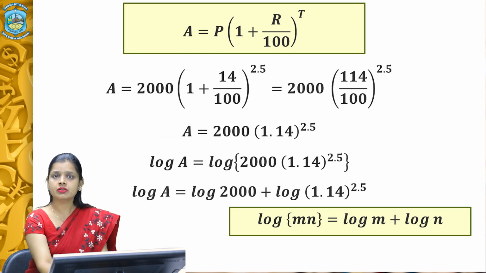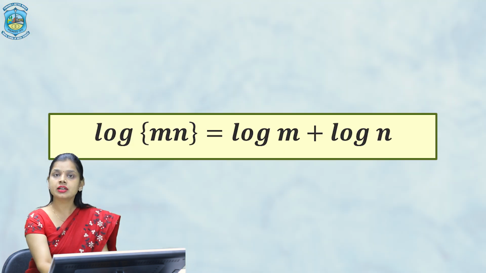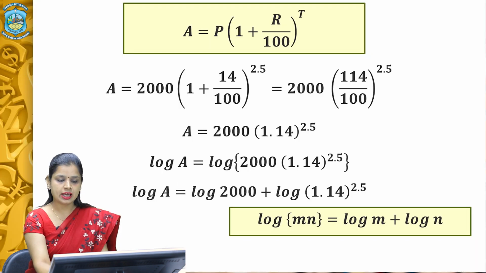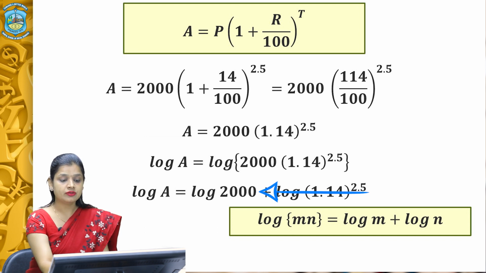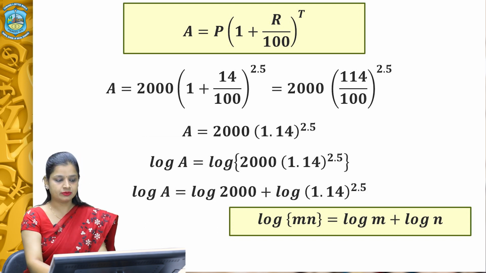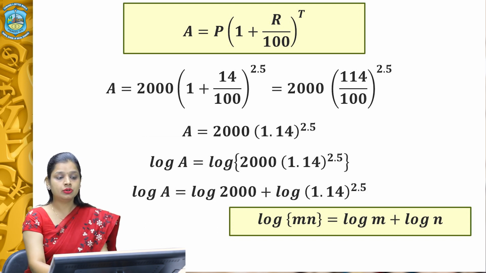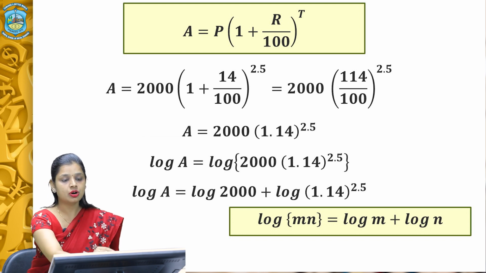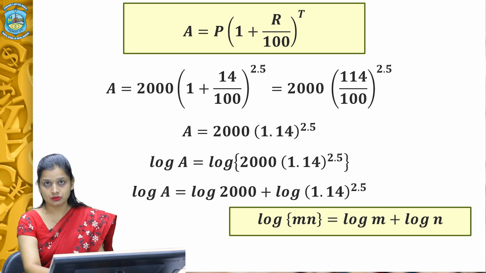Here we apply the formula for logarithm, which is log of mn equal to log m plus log n. In this case, the value of m is 2000 and the value of n is 1.14 to the power 2.5. We get the value of log A equal to log 2000 plus 2.5 multiplied with log of 1.14.